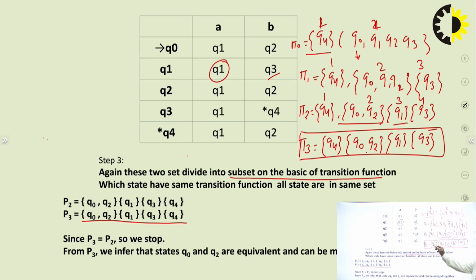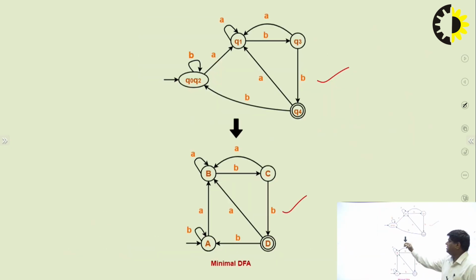Given this example, we draw the minimal DFA like this. In the minimal DFA, only 4 states are present: 1, 2, 3, 4. These two are the same DFA, but here we take the transition states A, B, C, D, and here Q0, Q1, Q2, and Q3. So this is the final answer for minimization of the DFA.